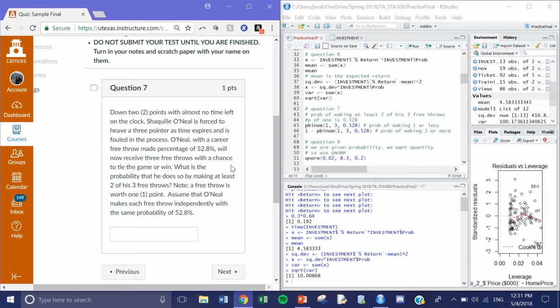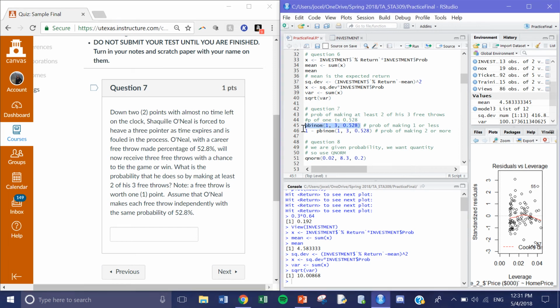So there are a couple different ways to do this question. I'm just showing you the way I do it, and I use the pbinom function. Basically what we do is we put in the successes, the total number of trials, and the probability of success on each trial.